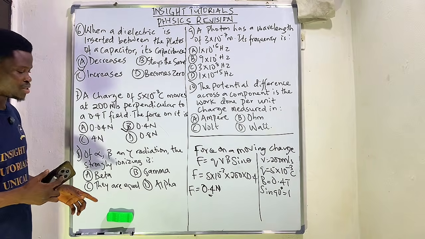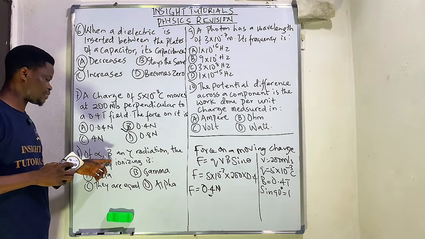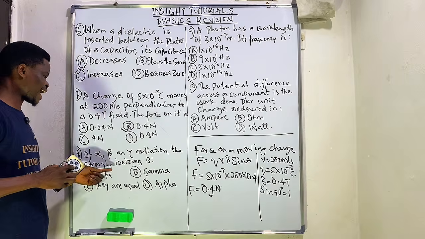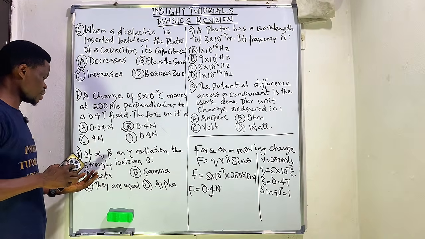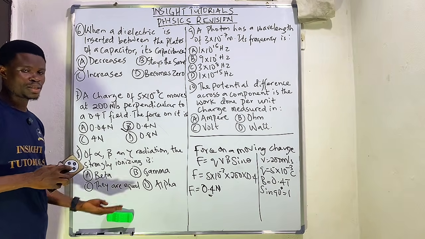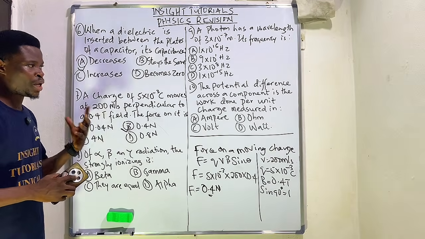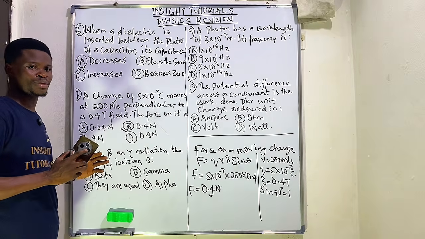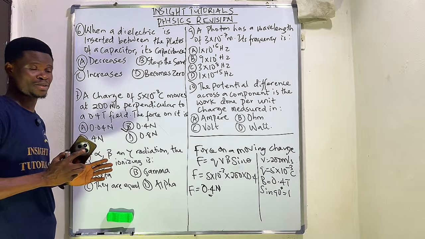The next question says that of alpha, beta, and gamma radiation, the strongly ionizing is, A says beta, B says gamma, C says they are all equal, and D says alpha. Now, it's very important for you to know key things as regards the alpha particle, the beta particle, and the gamma particle.